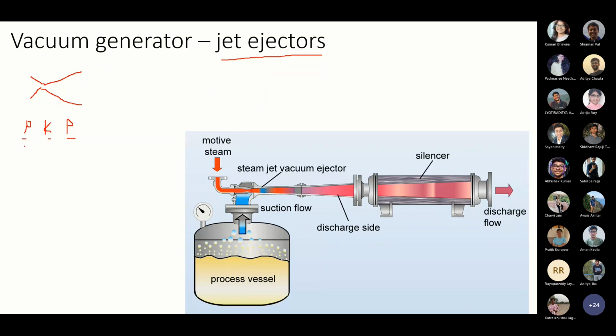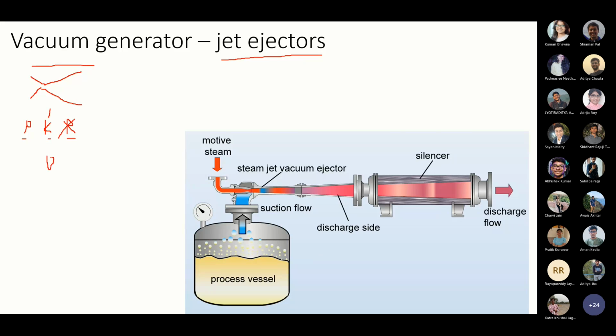If it is a horizontal pipe, we can neglect the potential energy term, so we have only the pressure term and the kinetic term.